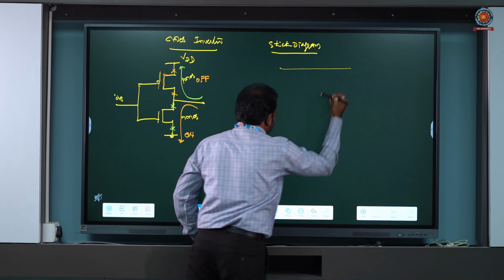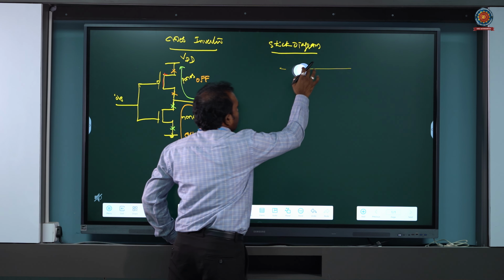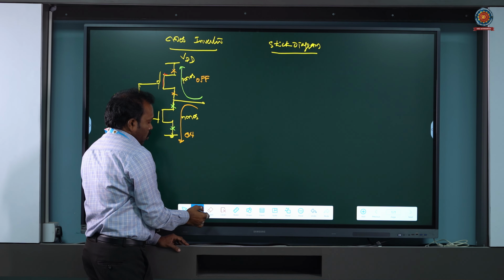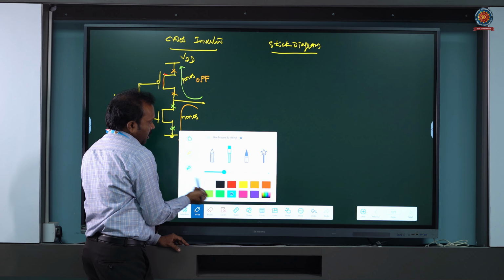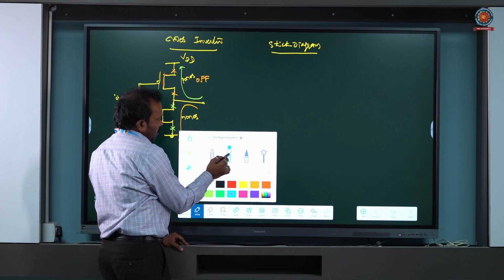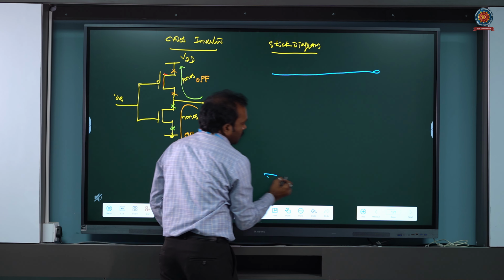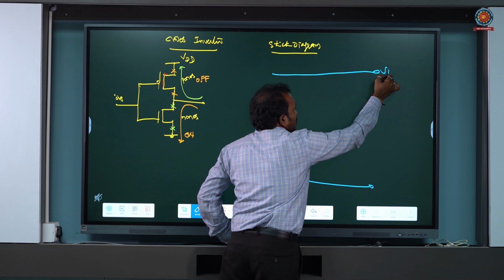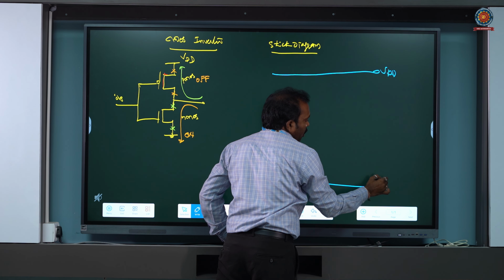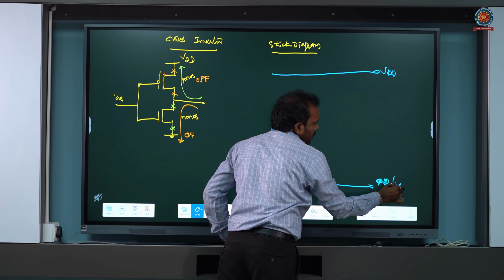First, the power lines are drawn with blue color. So this is your VDD, that is the power supply, and this is the ground, also called VSS.